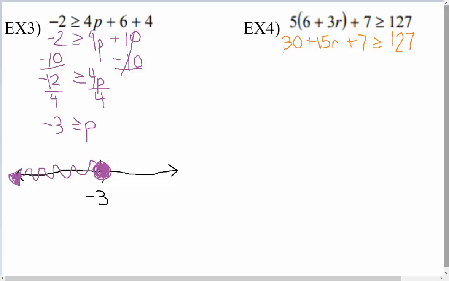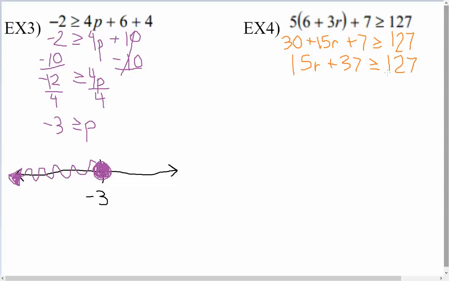Next, we combine like terms. I see two constants, 30 and 7, so the two of those will combine to give me 37. So now 15r plus 37 is greater than or equal to 127.